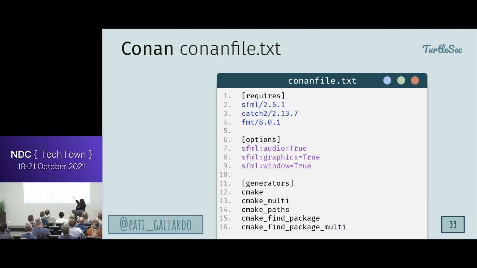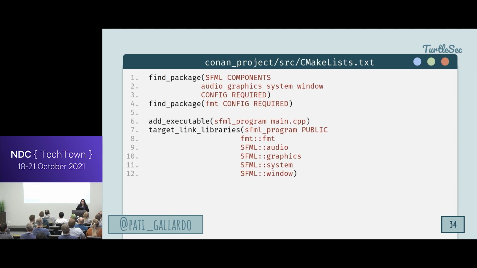Then I can also set some options. And there's a bunch of generators for making everything play nice with CMake. Apparently they are going to become deprecated, and there are apparently some other new ways of doing things, but not with my current version of Conan.